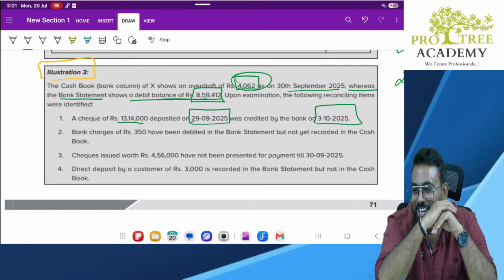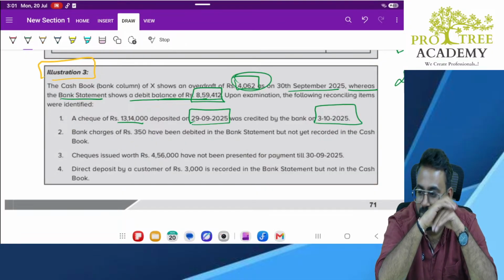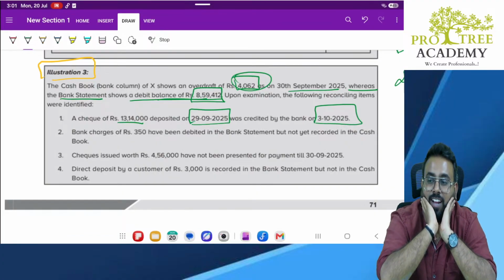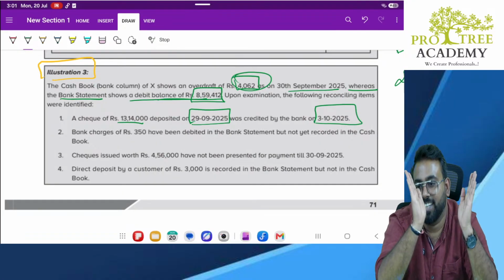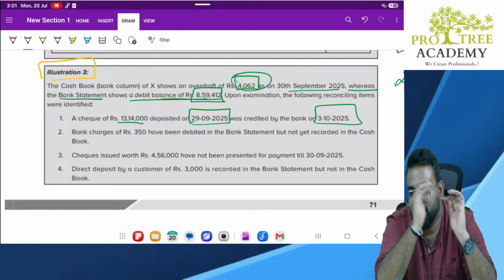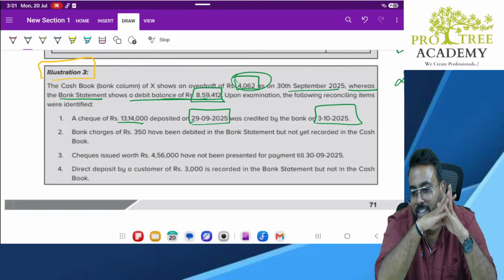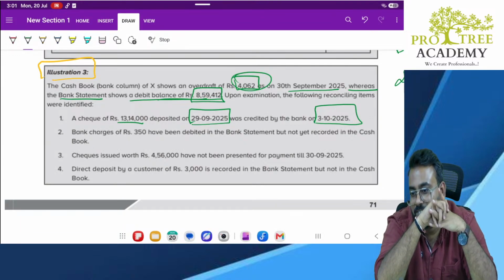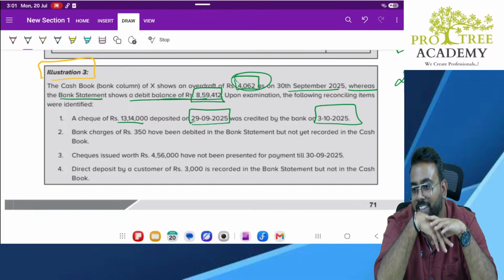Everyone is saying strange numbers. Sir, I never asked you to change any nature. I just said start from the balance with negative brackets. That's all I said. Afterwards plus and minus will remain all the same. The problem is you might have seen the solution and got confused. Don't see the solution. Seeing the solution will make your head spin, because they would have done it a different way.